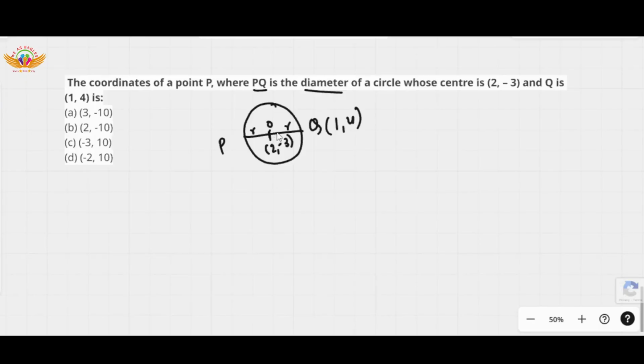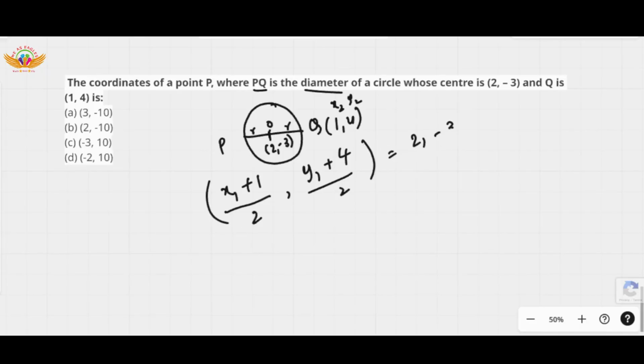If it is in the middle, we have to use the midpoint formula, that is (x1 + x2)/2 and (y1 + y2)/2. We don't know x1 and y1. Here x2 is 1 and y2 is 4, so (x1 + 1)/2 comma (y1 + 4)/2 is our point, and that is equal to 2 comma minus 3.